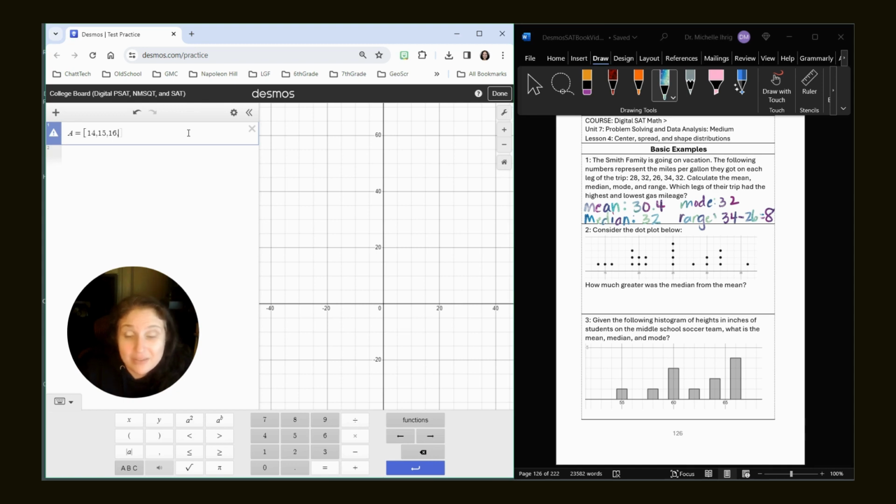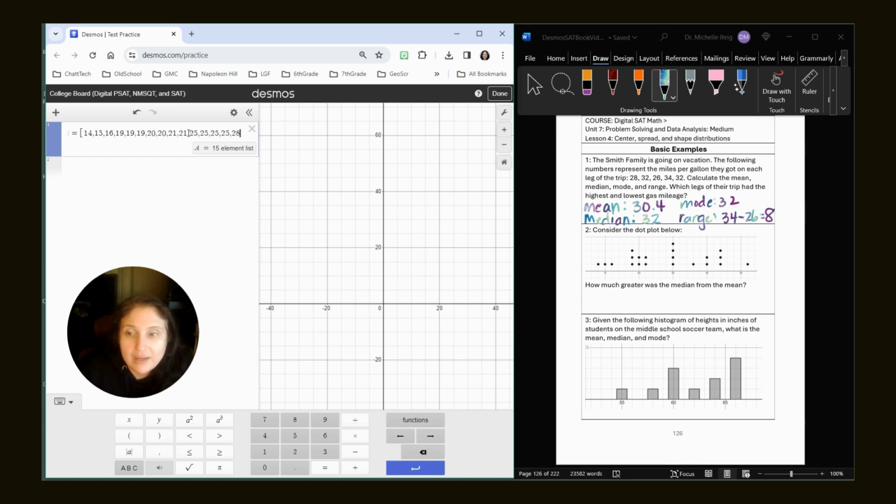19 has 3 dots, so I'm going to write 19 3 times. 20 has 2 dots, so we'll write 20 2 times. 21 has 2 dots, so we'll write 21 2 times. There's nothing for 22, 23, or 24. 25 has 4 dots, so we'll write 25 4 times. Nothing for 26 or 27.